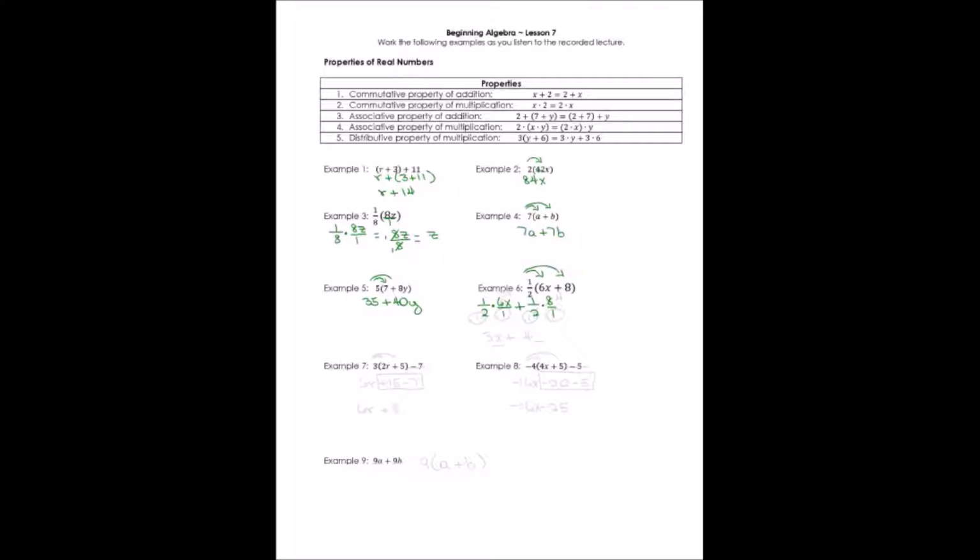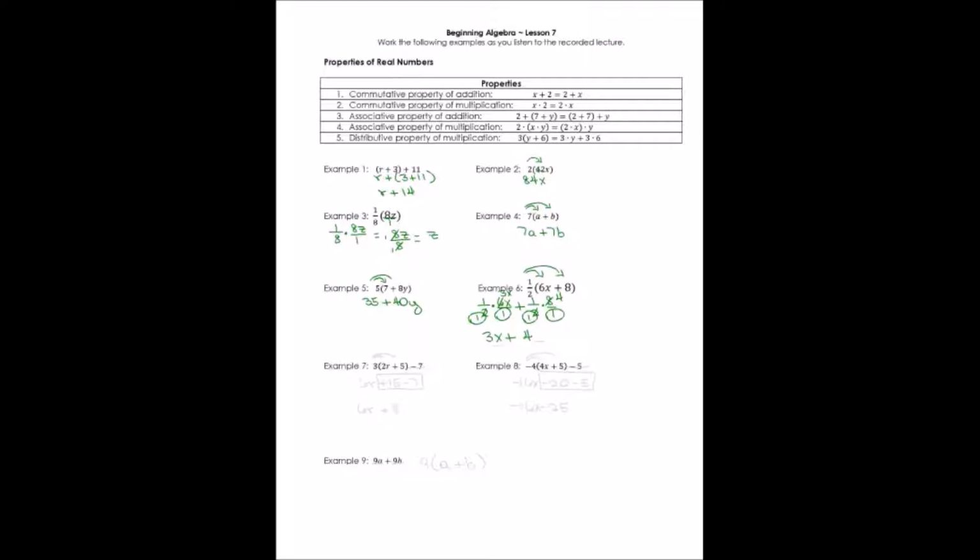I do the multiplication, but before I do it, I cross-reduce. 2 will go into both 2, and 6x becomes 3x, right? So 1 times 3x is 3x plus, and I can divide or reduce by 2 and 8, and 1 times 4 is 4, and all the denominators, see, are 1s. So these would be 2 whole numbers because the denominator 1 does not have to be written.